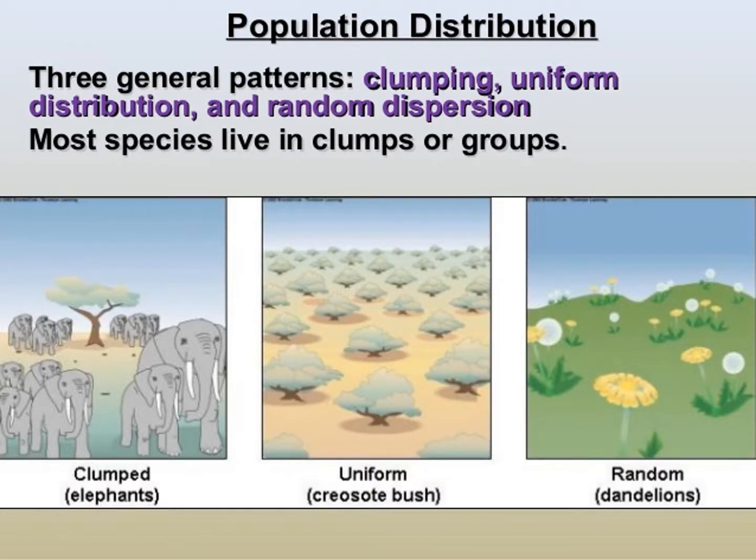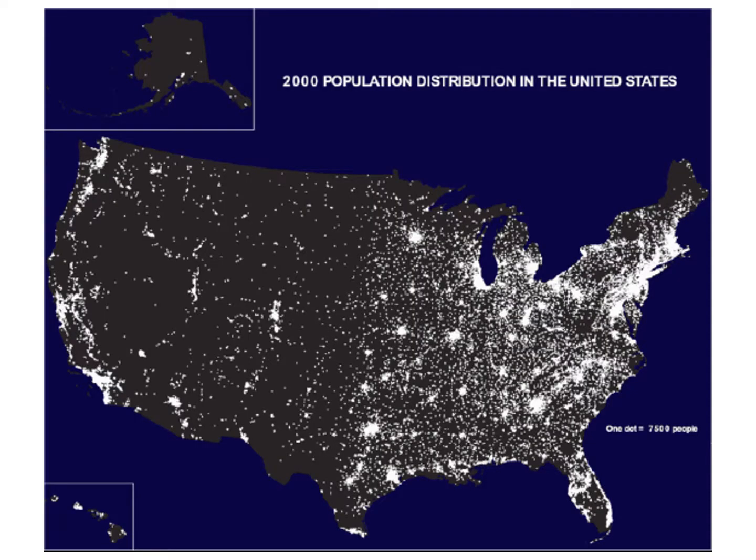So within those three general patterns of clumping, uniform distribution, and random distribution, most species live in clumps or groups. We can see that clumping here on the map of population of the US. We live clumped together in certain areas, which would be our major cities, and then relatively far apart and sparsely populated in other areas.